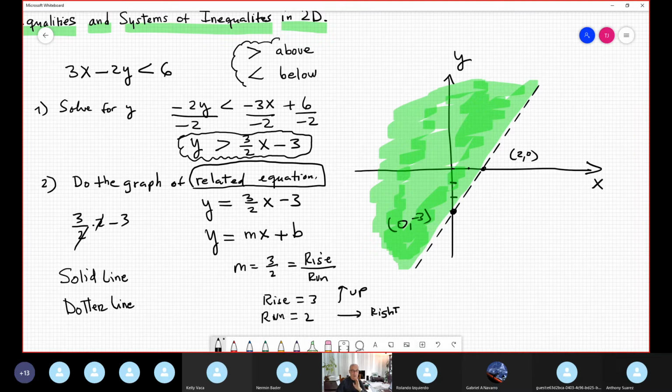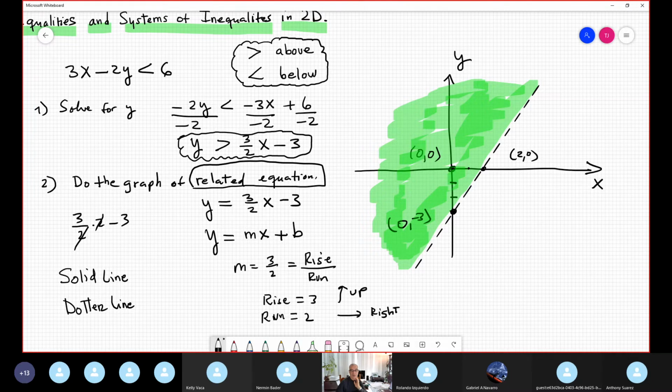In my opinion, it is good, but some people prefer another idea. Another idea is to take one testing point, here or here, and plug it into the original inequality and verify if it's true or false. And the famous testing point everyone uses is 0, 0 because it's easy.